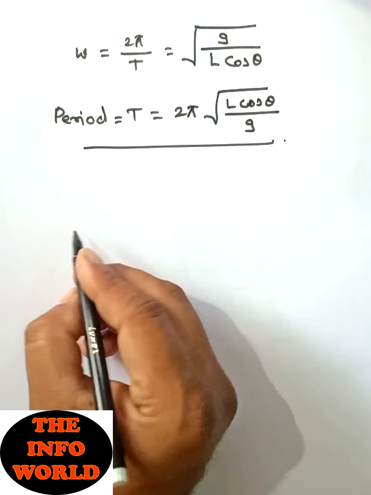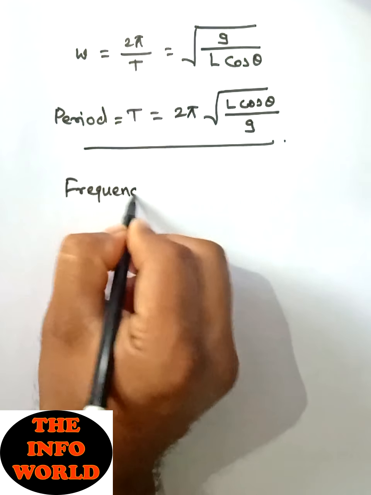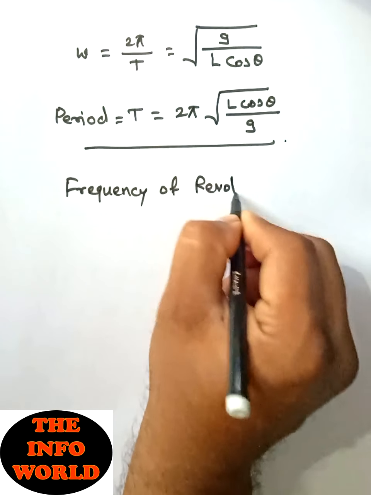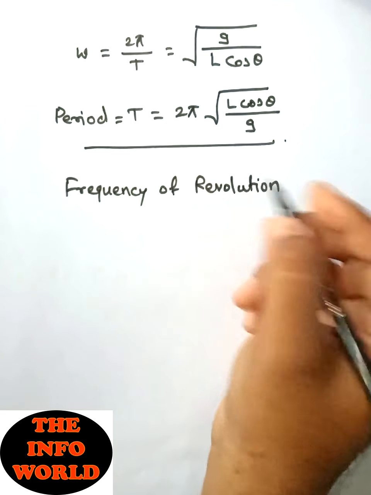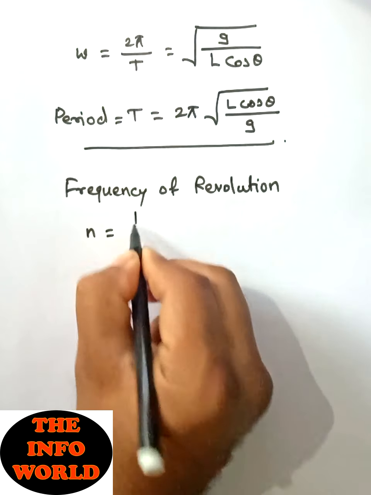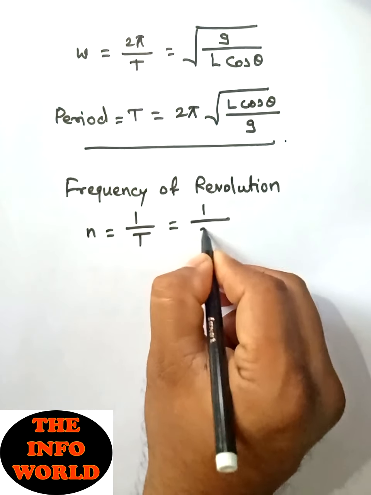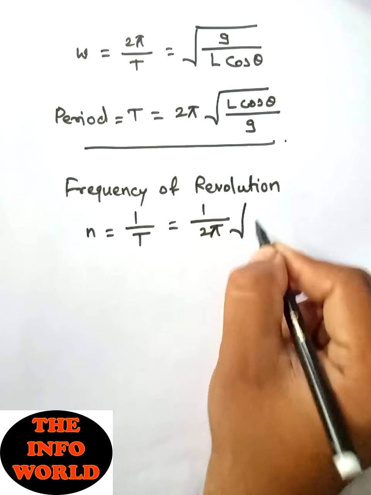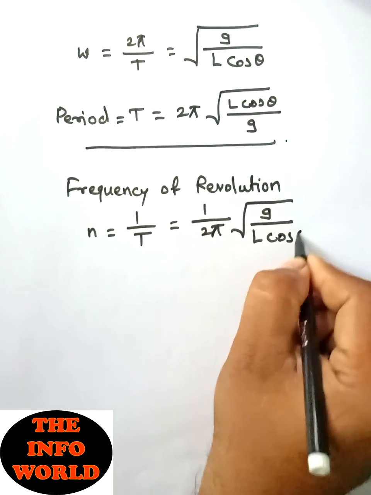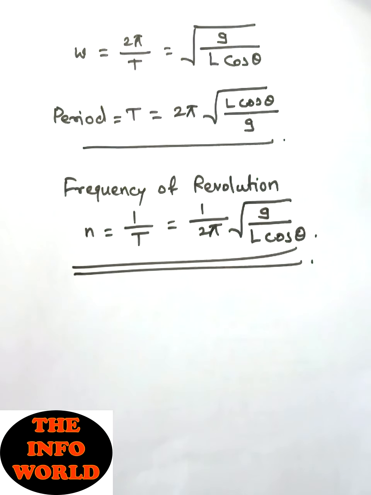This is one equation, and the frequency of revolution can be written as frequency n is equal to 1 by T, which is equal to 1 by 2 pi under root g upon L cos theta. So this is the expression for the frequency of the pendulum.